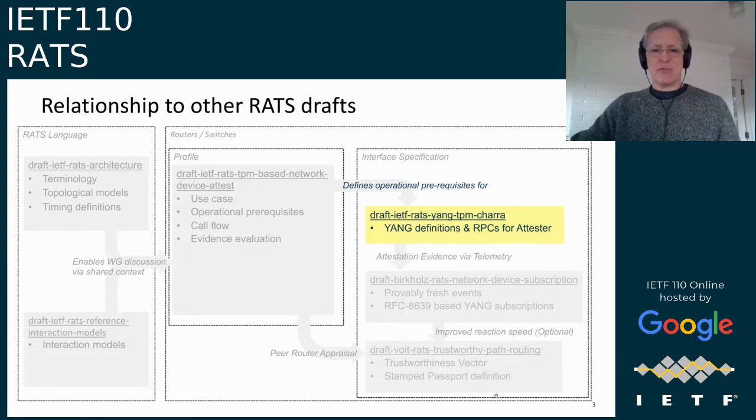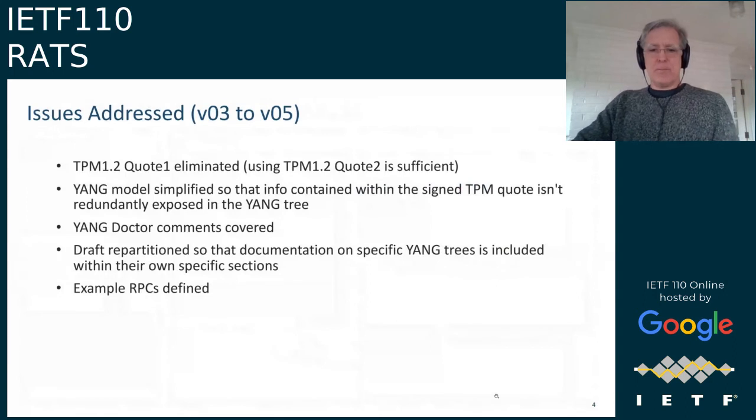That's why the text is fairly small. We tried to limit, as to the degree possible, the draft just to that Yang model. There are a couple drafts that are follow-ons to this. For example, there's a device subscription model I'll talk briefly about after this. And there's been already several discussions today about the trusted path routing as it relates to the trustworthiness vector.